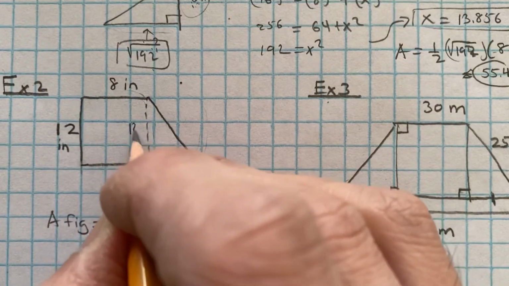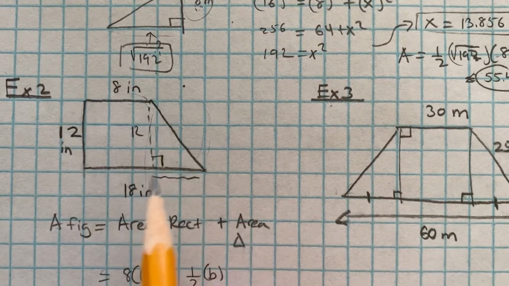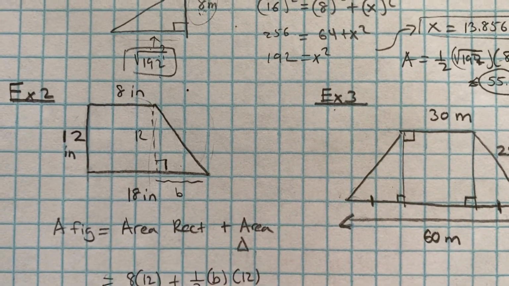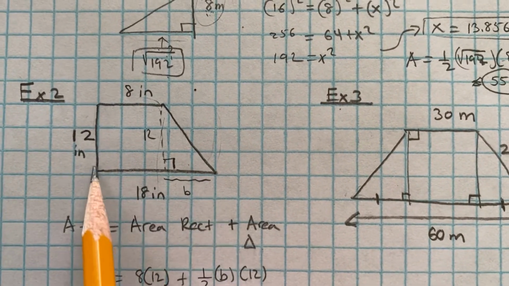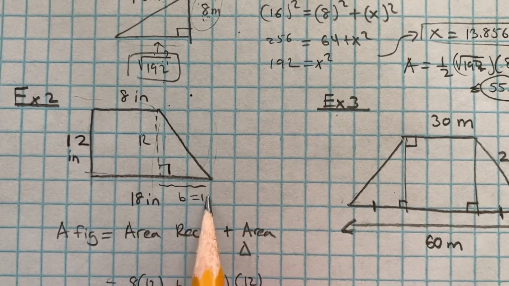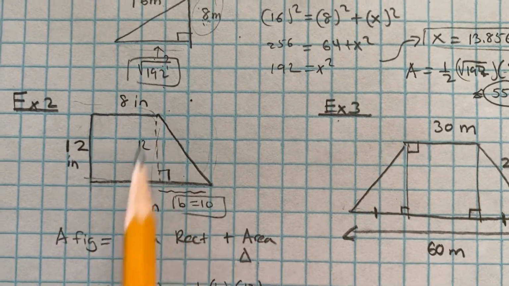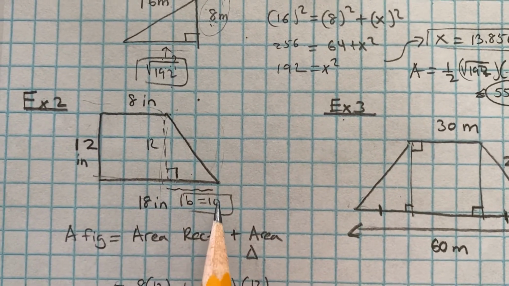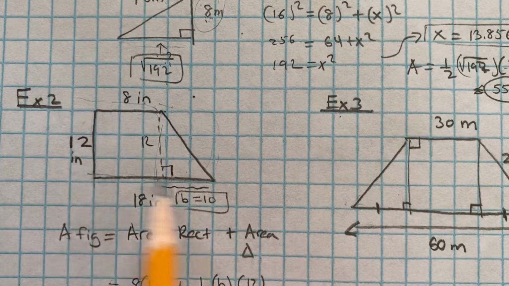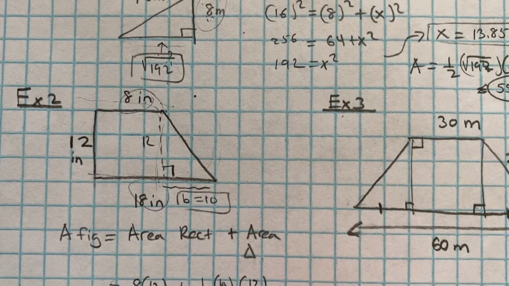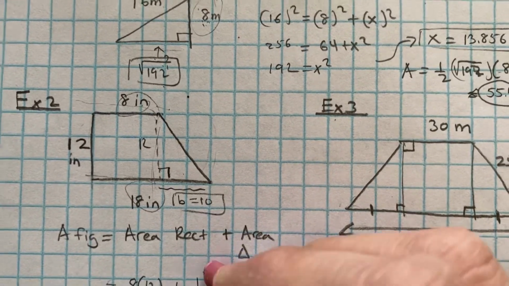The height of this triangle right here, if this is 12, this guy right here is also 12. So the only thing I need is this B right here. And the way you calculate B, if the distance from here to here is 18 and distance from here to here is 8, B has to be 10. Okay, so hopefully you can kind of see that. You kind of draw a dashed line. 10 plus 8 will give you 18, or you could just do 18 minus 8 is 10. So this guy right here is just 10.